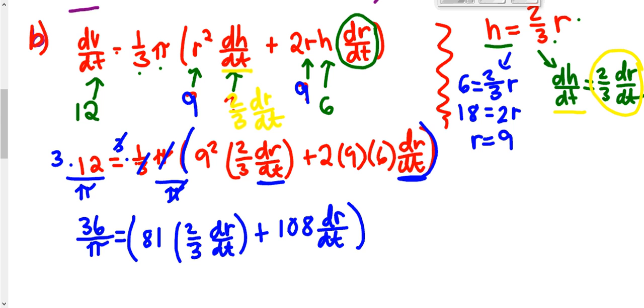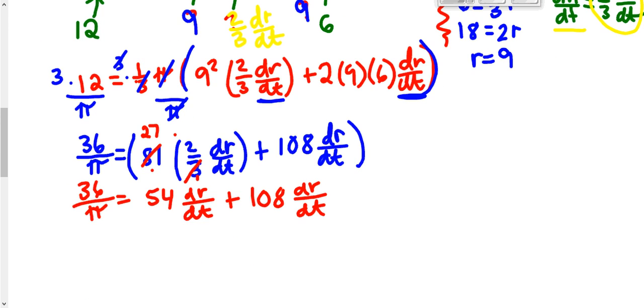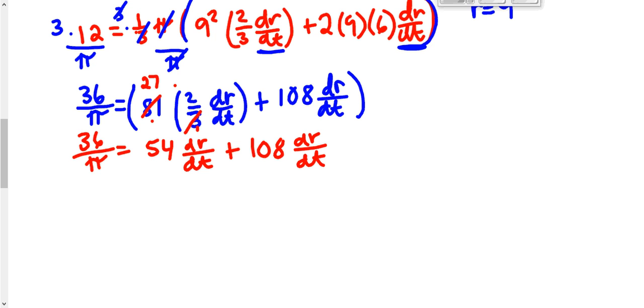So then we just have this 2/3, so we have 81 divided by 3, we'll get 27, times 2, we get 54 dr/dt, plus 108 dr/dt. All of this is equal to 36 over pi. And then, since this is 54 dr/dt plus 108 dr/dt, imagine if this was 54x plus 108x, we just add those numbers.